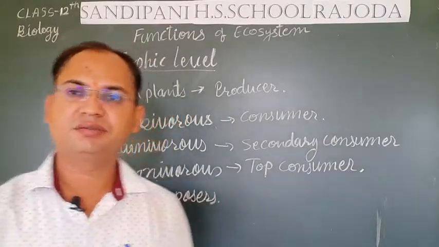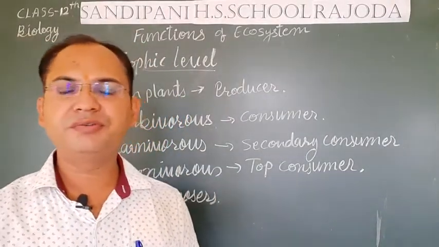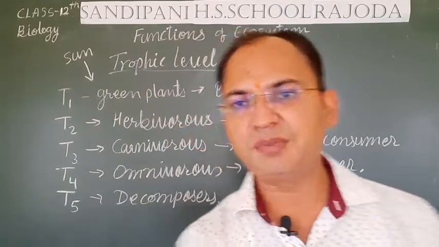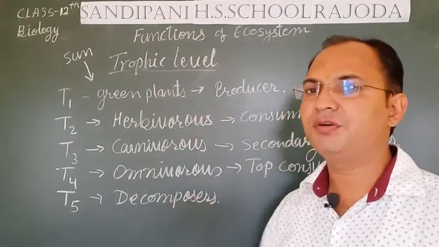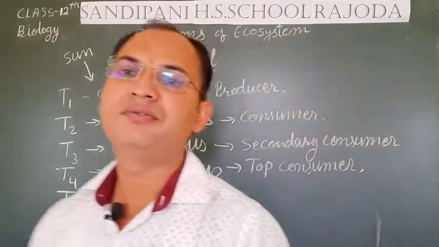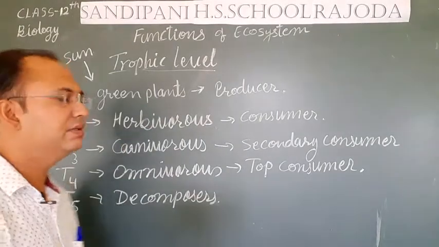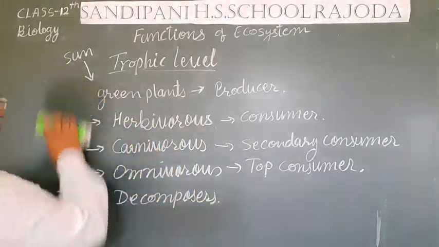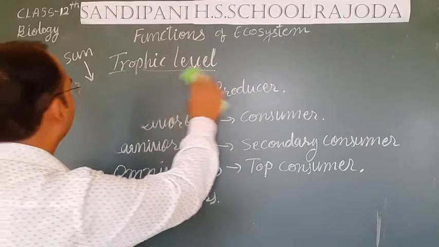Now students, the most important two phenomena that take place between these trophic levels are food chains and food web. Let's understand what is food chain and what is food web.